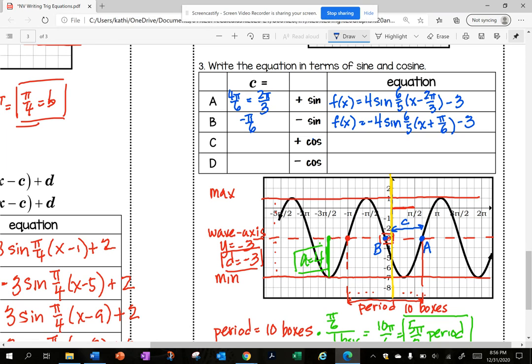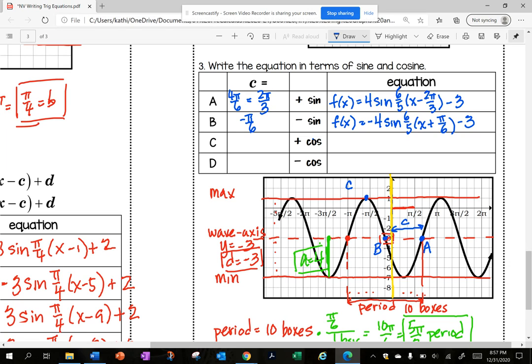For a positive cosine curve, I would need to start at a maximum. So the closest point to the y-axis right here, I'm going to call this point C. So I am 1, 2, 3.5 boxes.